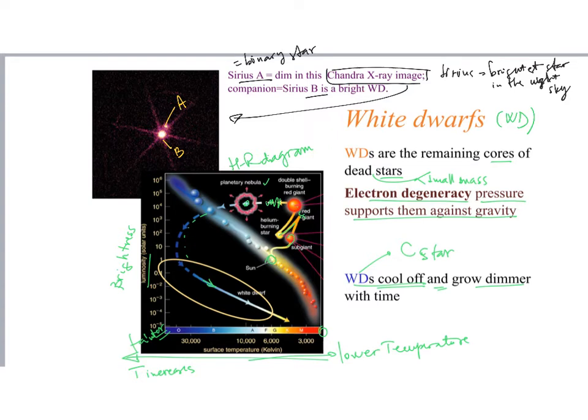So again, in the visible, Sirius A is the main sequence star, of spectral type A, and guess what? Sirius B is a bright white dwarf. So this is a white dwarf, and this is a main sequence star. I think you're going to look at Sirius now with different eyes.